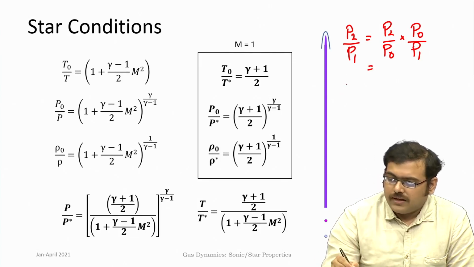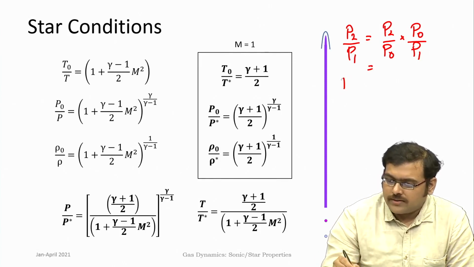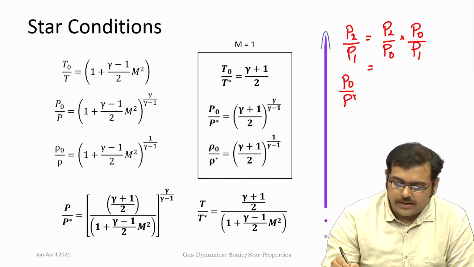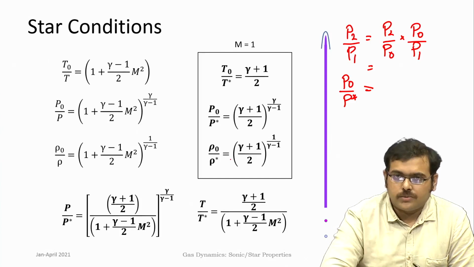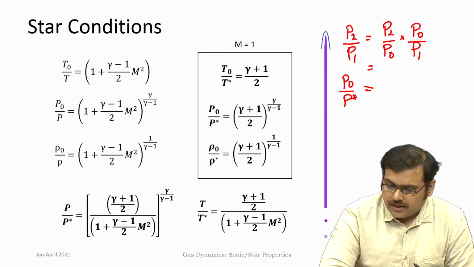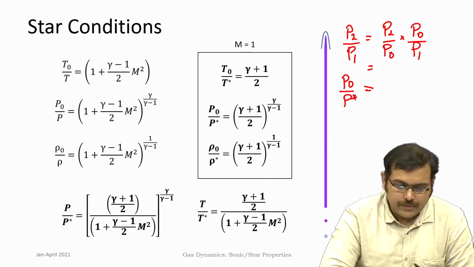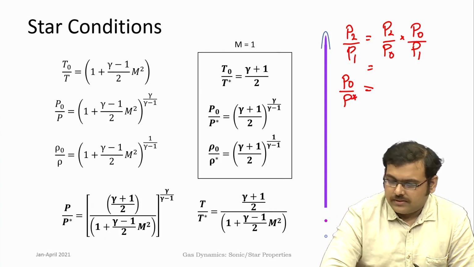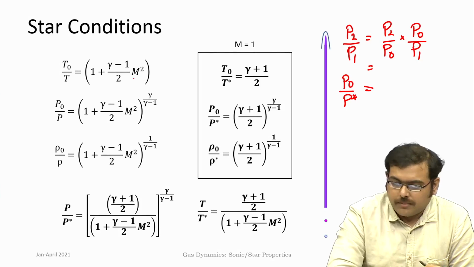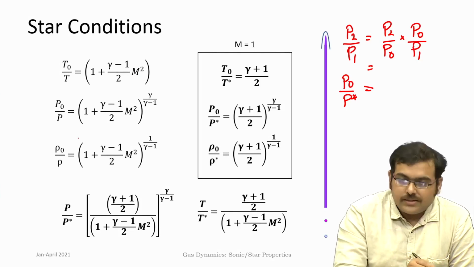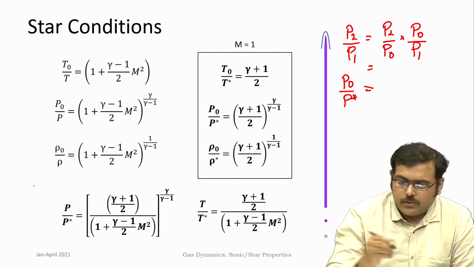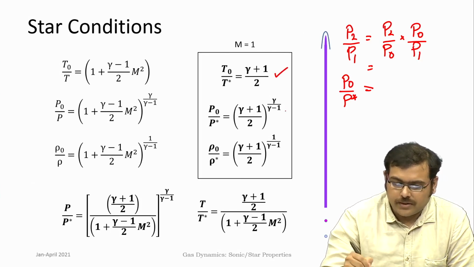So if we can find out what P0 by P star is, then this can be used to determine the star conditions for a given flow at that particular Mach number. This is easily done by substituting M equal to 1 in the equations for T0 by T, P0 by P and rho 0 by rho, and you get these equations.